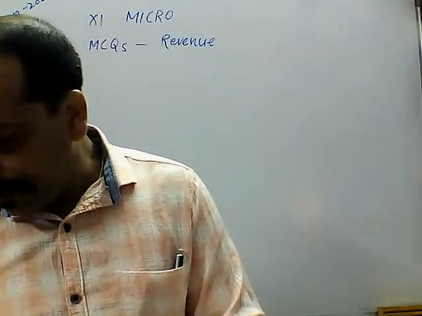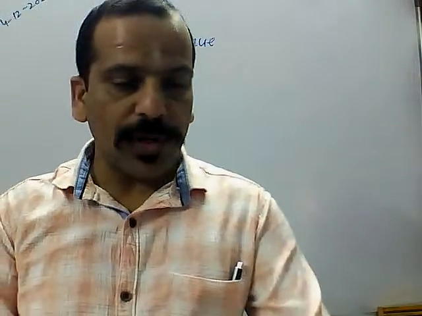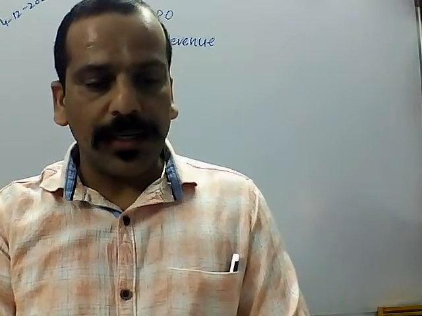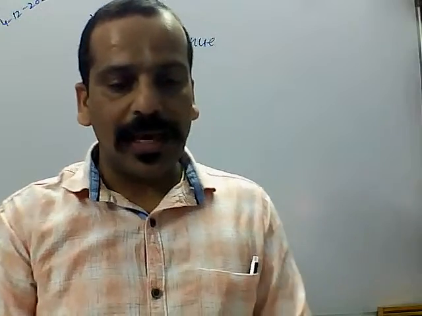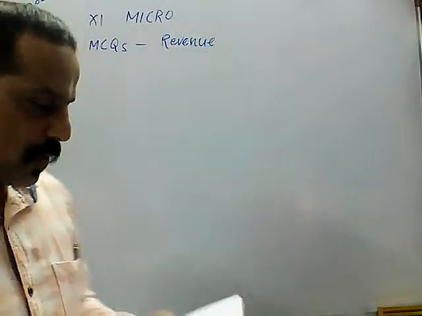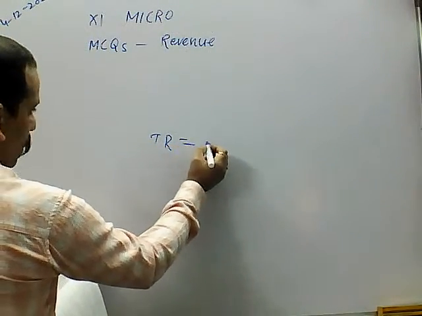Question number 18. If total revenue is equal to the quantity sold, then total revenue divided by Q refers to what?